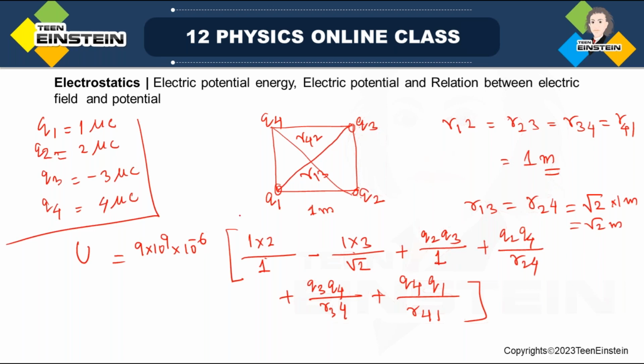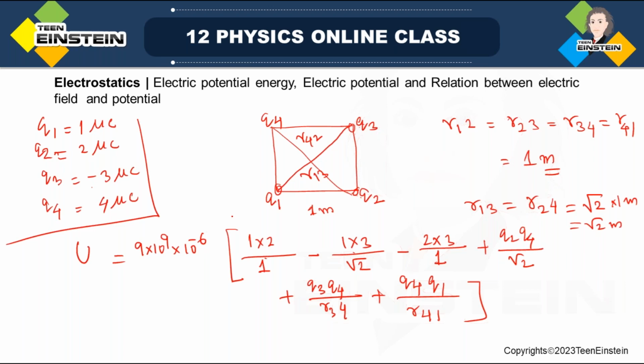So this will be with a minus sign, 2 microcoulomb, and this is 3. Okay. 2 4 or 4 2, this distance is root 2. So I will write this here.